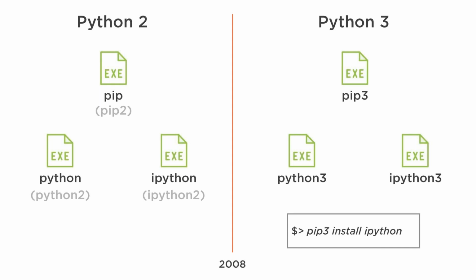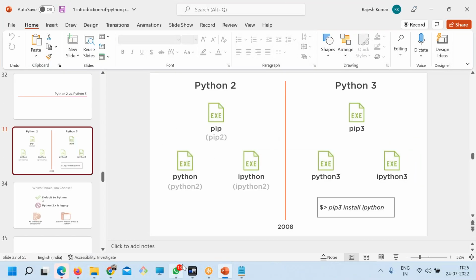So what is pip? Anyone have an idea? Understanding pip is very important. What is pip? Pip is the Python executor program, like a CMD command.